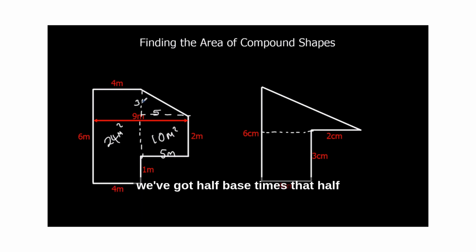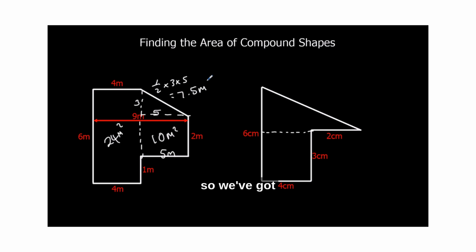So we've got half base times height, half times 3 times 5. 3 5s are 15, half of 15, 7.5. So we've got 24 plus 10 plus 7.5. So 34 plus 7.5 puts us at 41.5 meters squared.